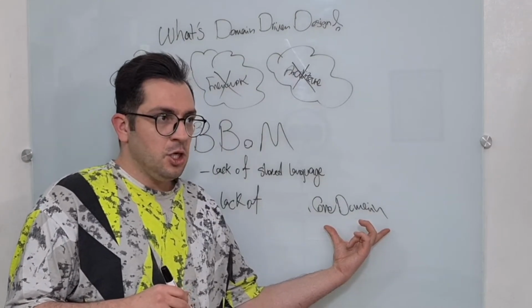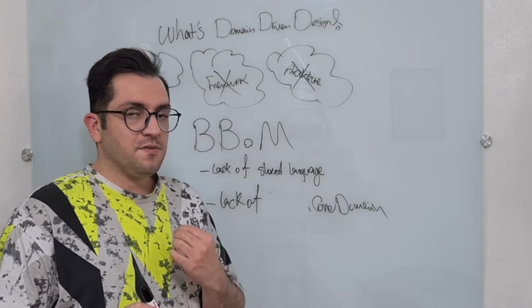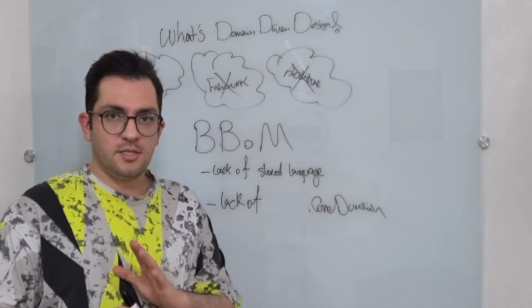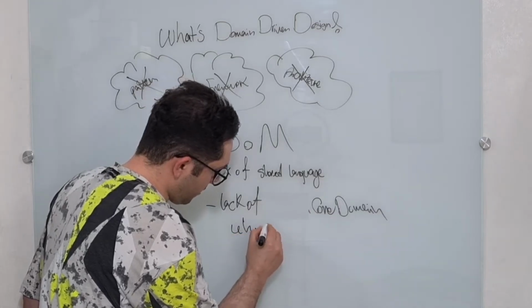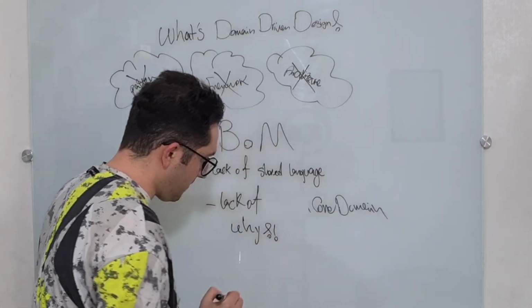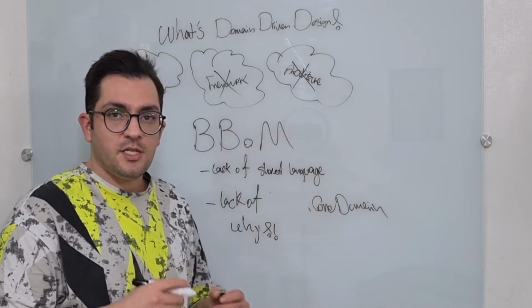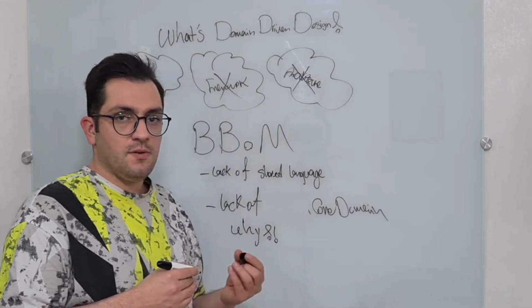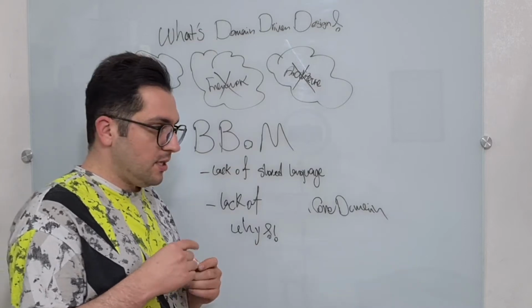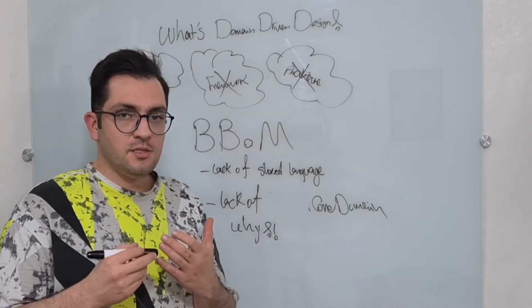What does it mean? It means that first of all, you must understand why you're creating this software. What is the software going to do? What is the aim of creating this software? What is the important part of this software?